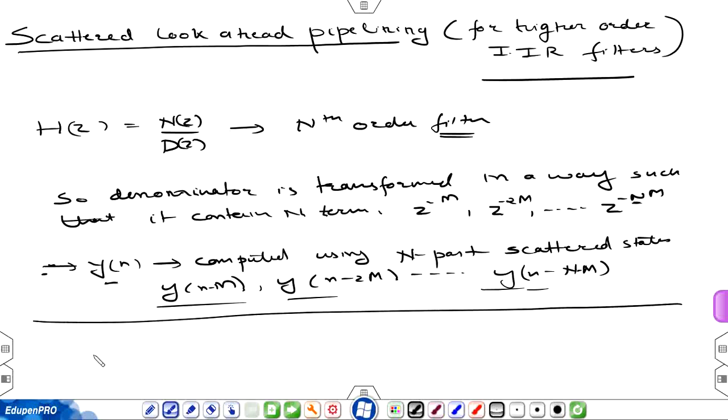So what we are doing? Okay, so for each pole in the original filter, we are introducing M minus 1 cancelling poles and zeros.